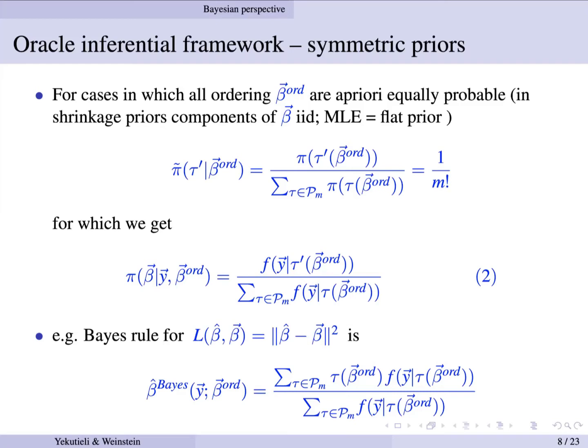Okay, so once we have this extra information, we can get a better Bayes rule, where how much better depends on the problem. If we have a very strong likelihood, the prior doesn't really matter.